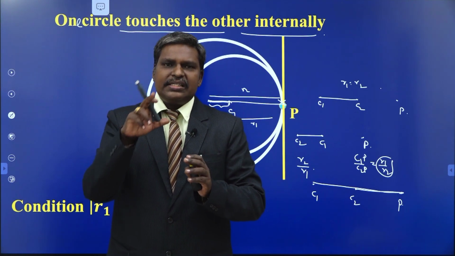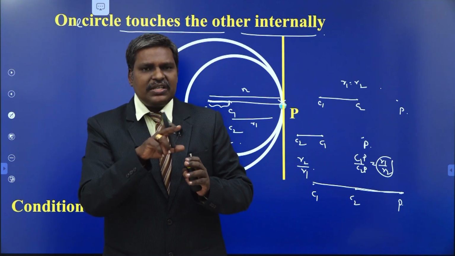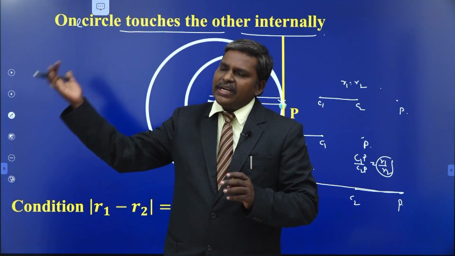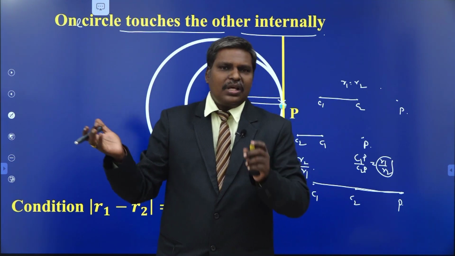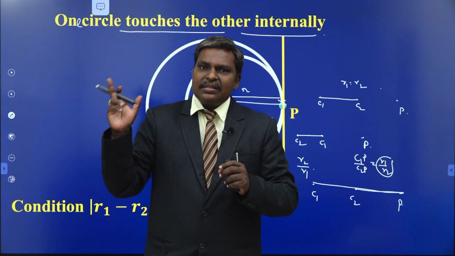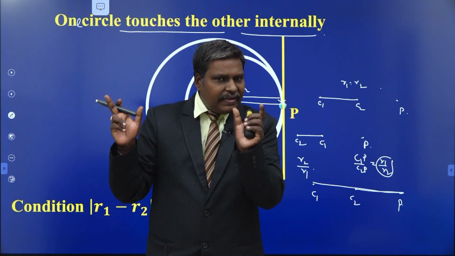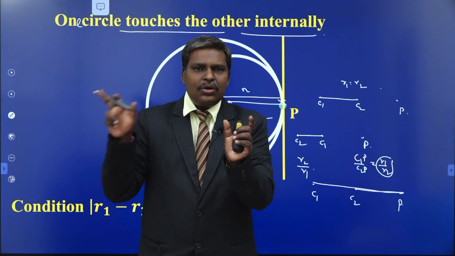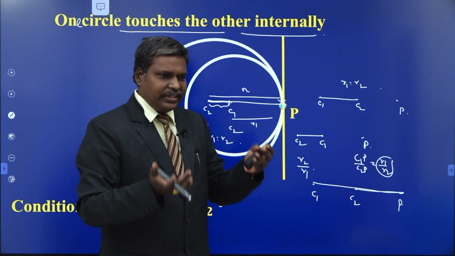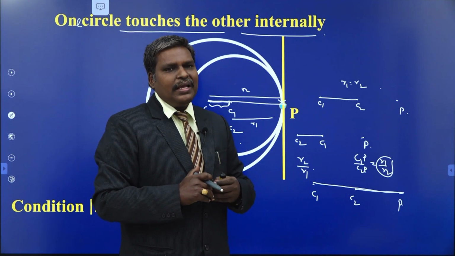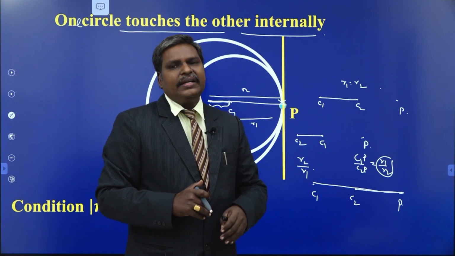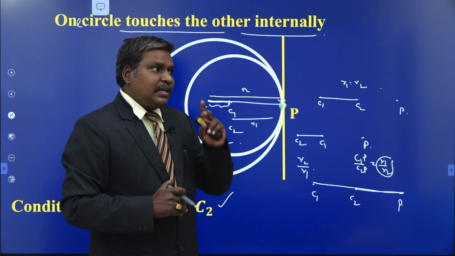Suppose two circles, each of centers C1 and C2, touch each other internally, the point of contact is outside the line segment joining C1, C2. Understand? Then that point of contact divides this C1, C2 in the ratio R1 is to R2 externally. Touch internal, you have to apply external. Touch external, you have to apply internal point of contact.